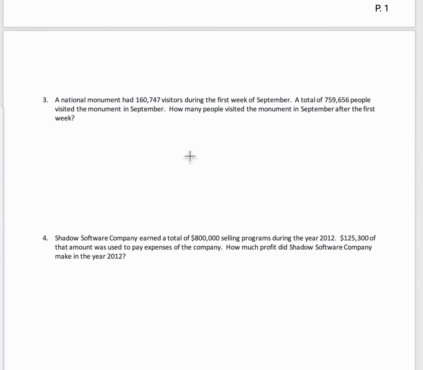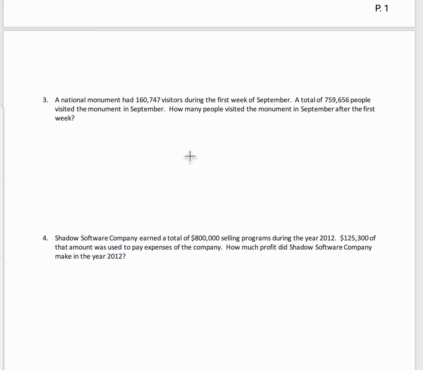Number 3 asks, a national monument has 160,747 visitors during the first week of September. A total of 759,656 people visited the monument in September. How many people visited the monument in September after the first week?